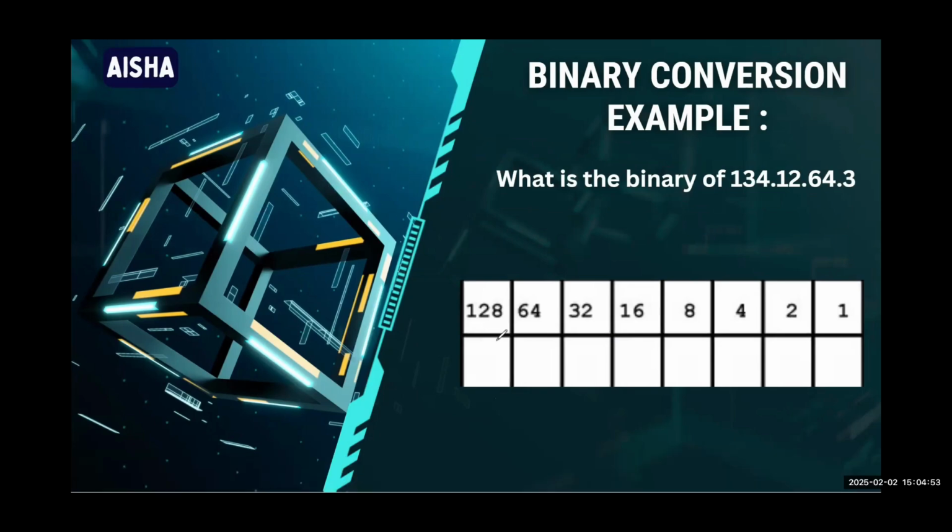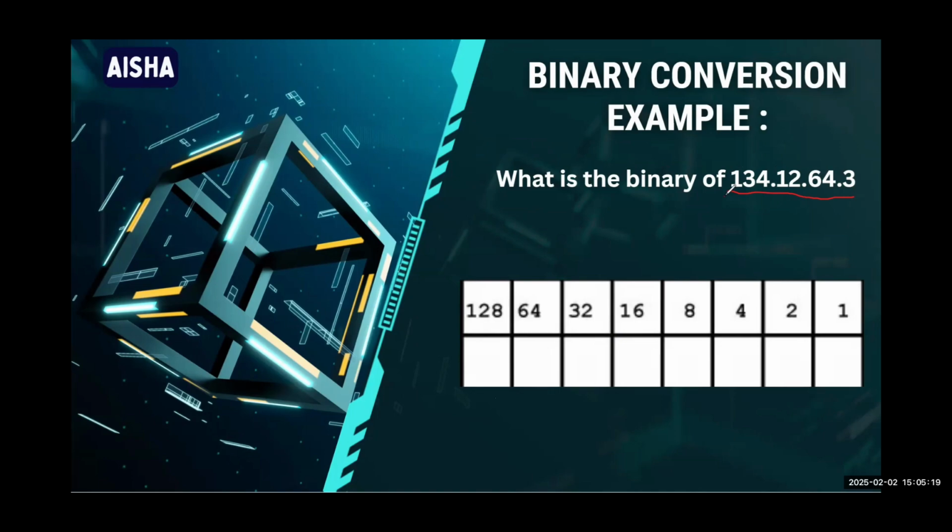Okay, so right now I'll try explaining it. Over here we have our binary, right? And we want to turn this IP address into a binary format that Aisha showed you before, so the computer can understand.